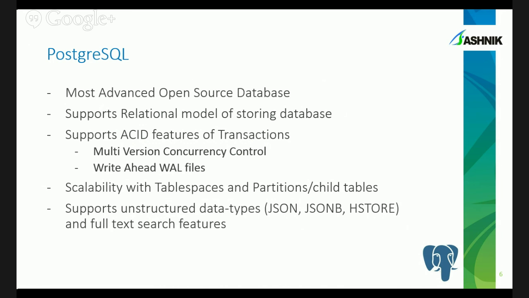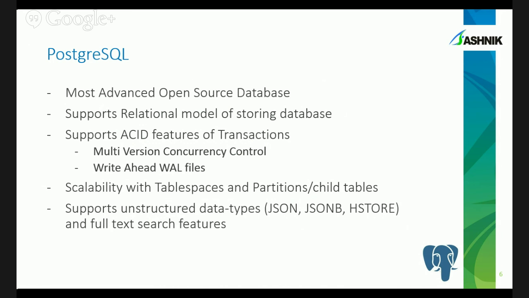PostgreSQL, as all of you know, is the most advanced open source database. It is based on the relational model, and it supports ACID features for transactions. It has multi-version concurrency control for providing consistency, and has write-ahead log files for providing durability for your transactions.